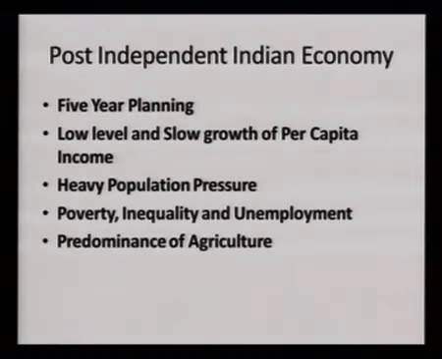Then population pressure. You must know, we are adding 1 Australia to our population every year. This is alarming. More people, going beyond control, means more problems. You see queues in front of the electricity bill counters.